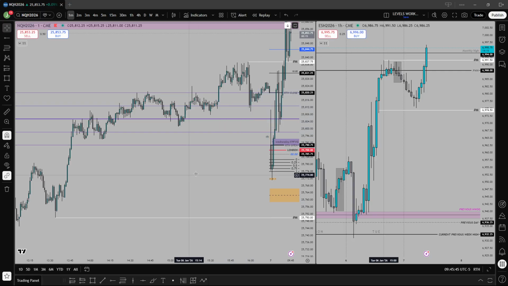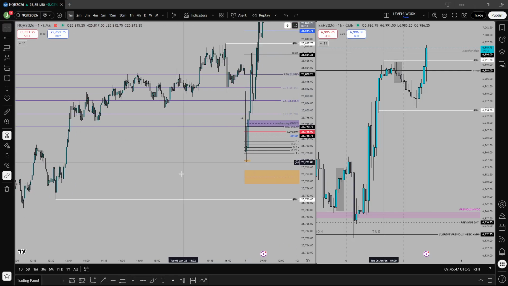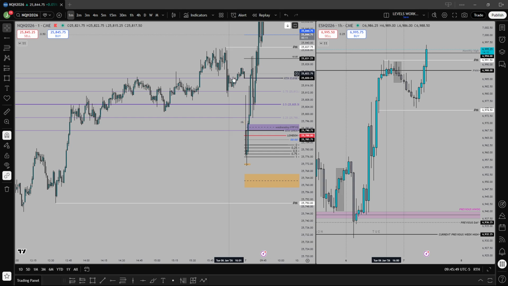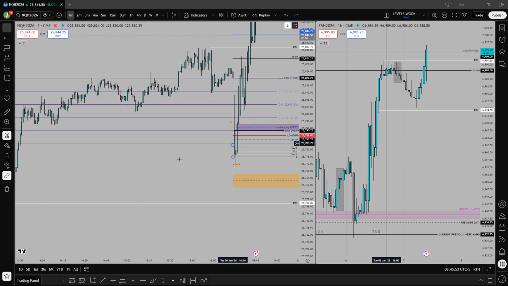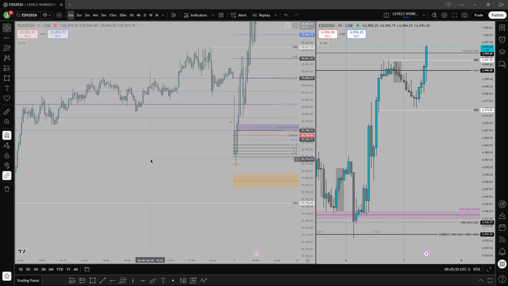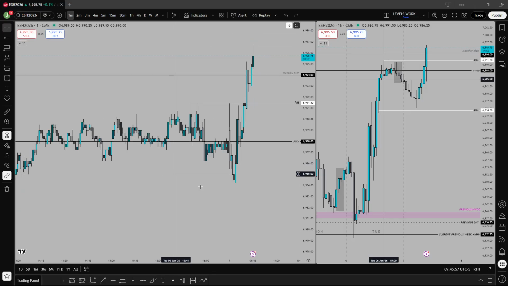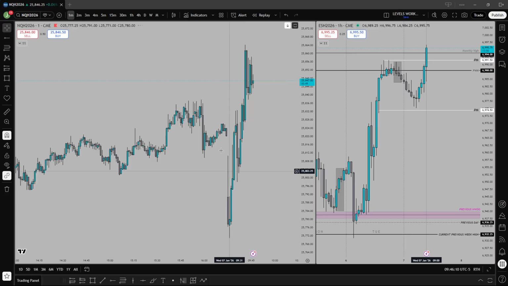Okay, so looks like people may have chased it going down. Same for ES. On ES, we actually opened above. Yeah, it was a premium opening gap for ES while it was a discount opening gap for NQ.